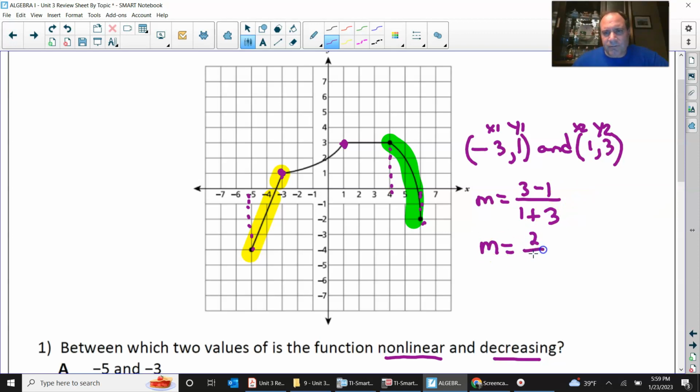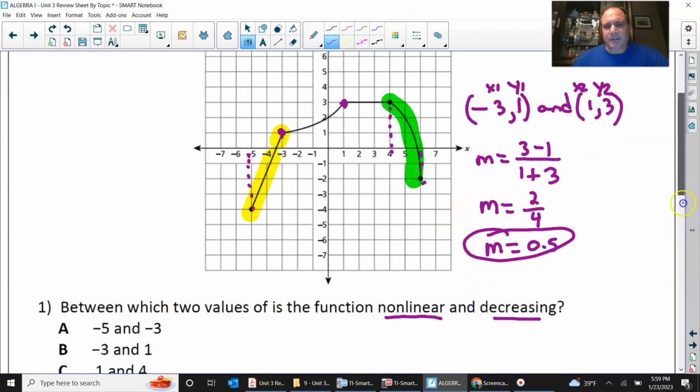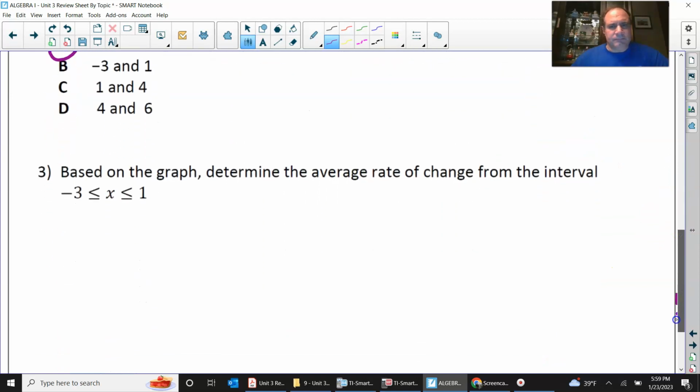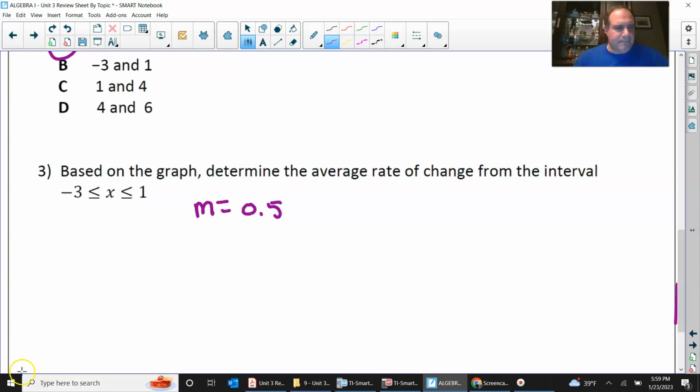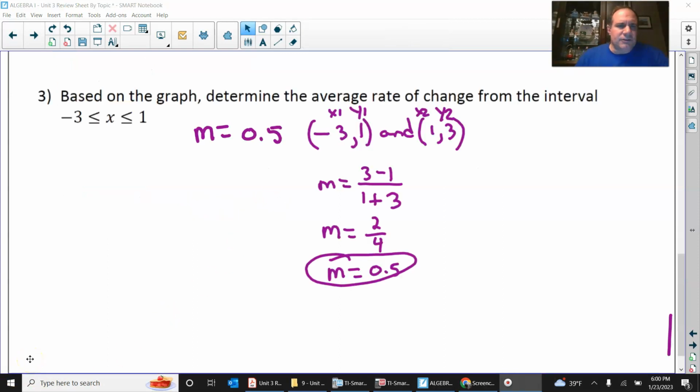So it's 2 over 4, and that is 1/2, 0.5. I just moved it down here to show you exactly what I did.